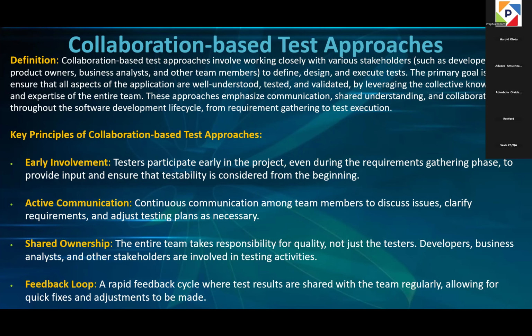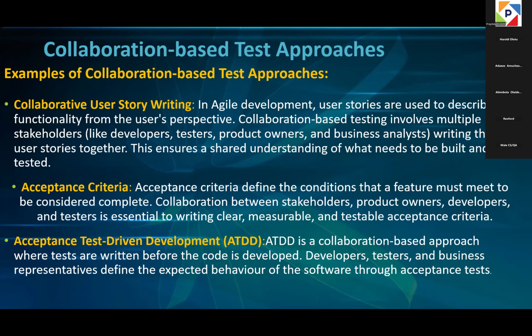So acceptance criteria as well is one example of collaboration-based test approach. Acceptance criteria define the conditions that a feature must meet to be considered complete. Collaboration between stakeholders, product owners, developers, and testers is essential to writing clear, measurable, and testable acceptance criteria.